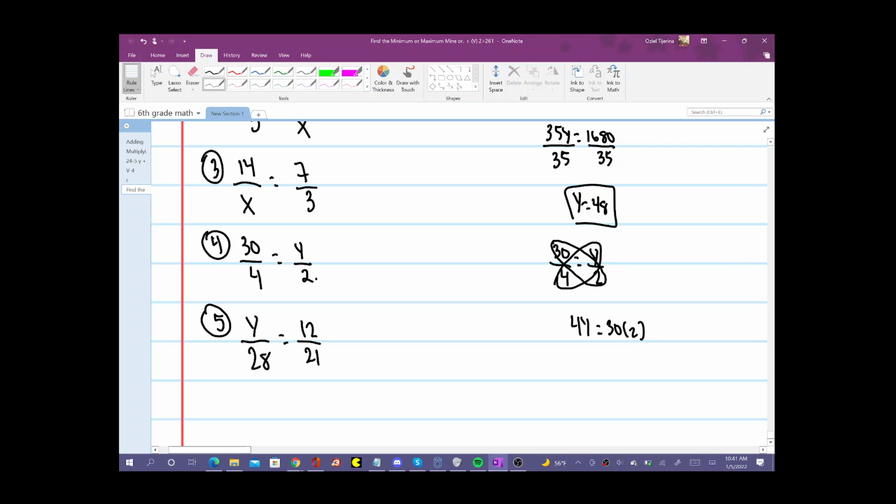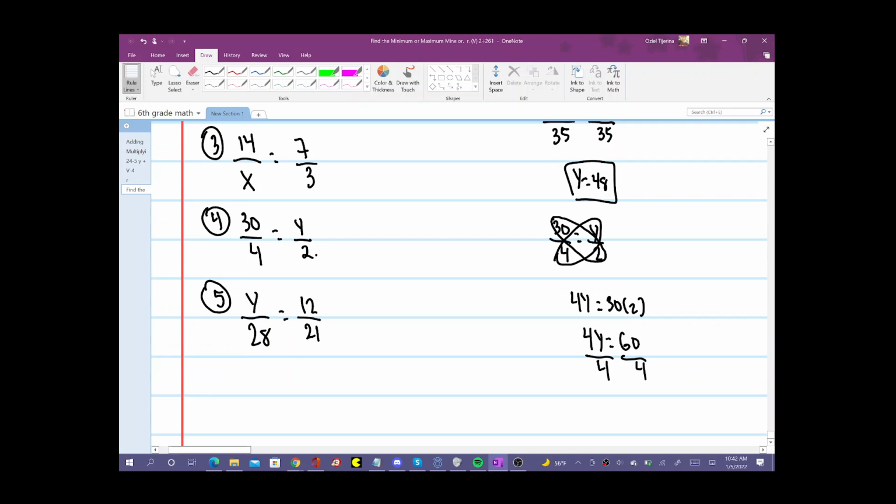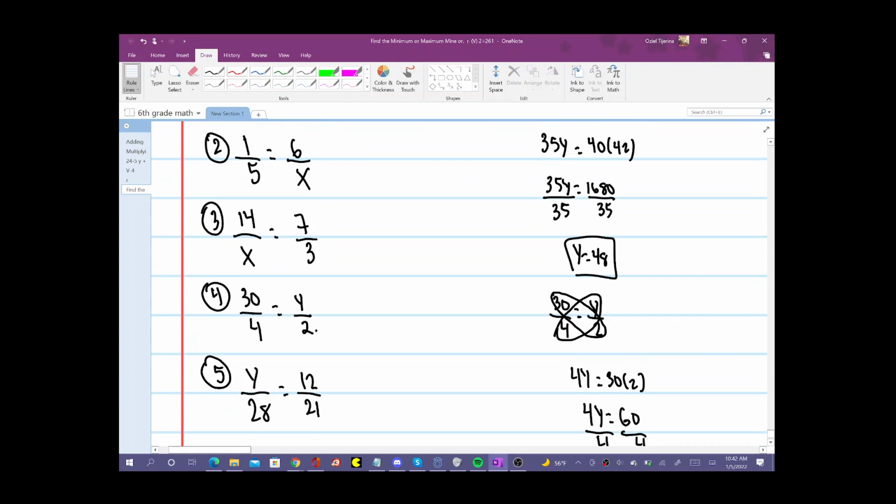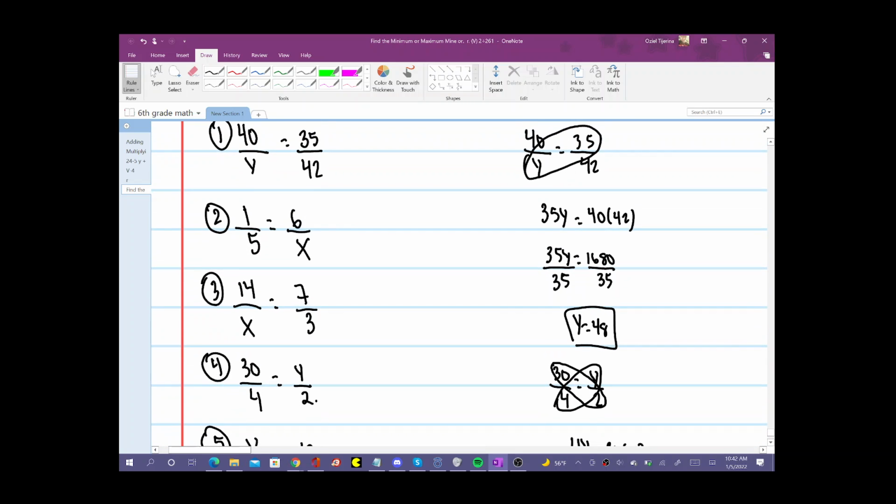So then we have 4y equals 60. Then we can divide both sides by 4, and we have y equals 15.